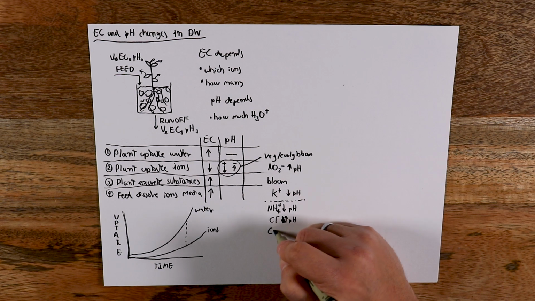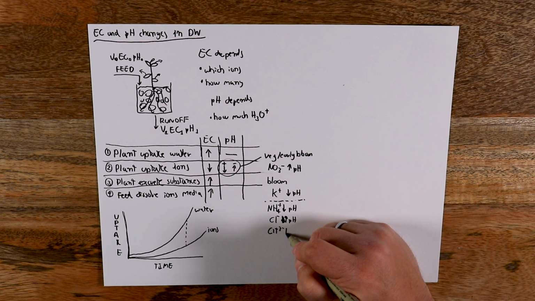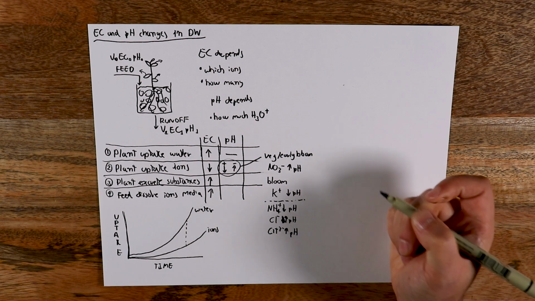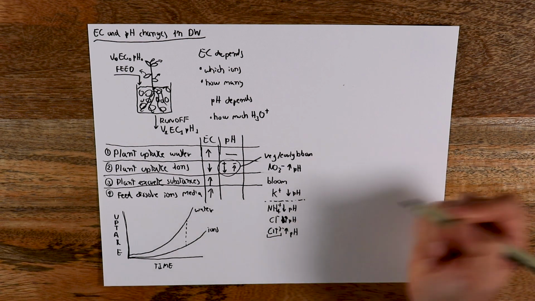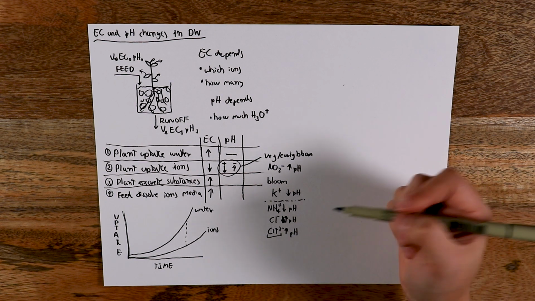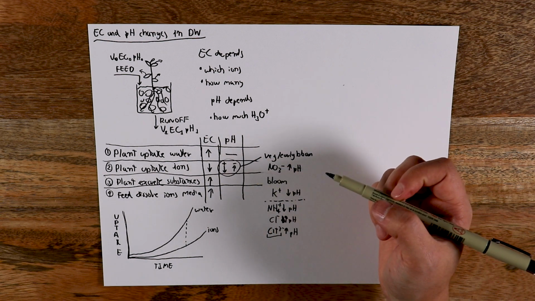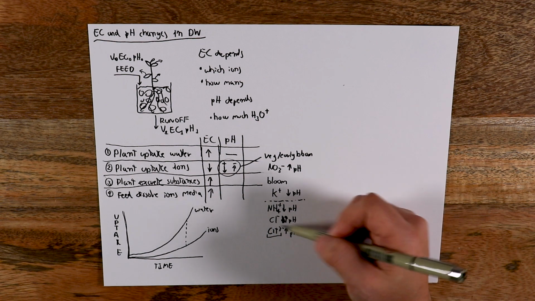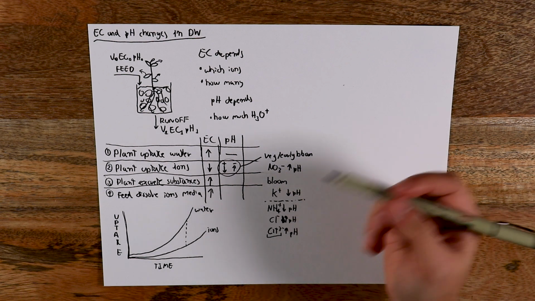And then you have things like citrate, which is an anion, which will also cause the pH to go up aggressively. And this is one of the reasons why citrate and citric acid are, despite the fact that chemically they would seem like a very good buffer, biologically they are uptaken aggressively by plants and microorganisms. So the pH will actually tend to increase if you use citrate or citric acid.